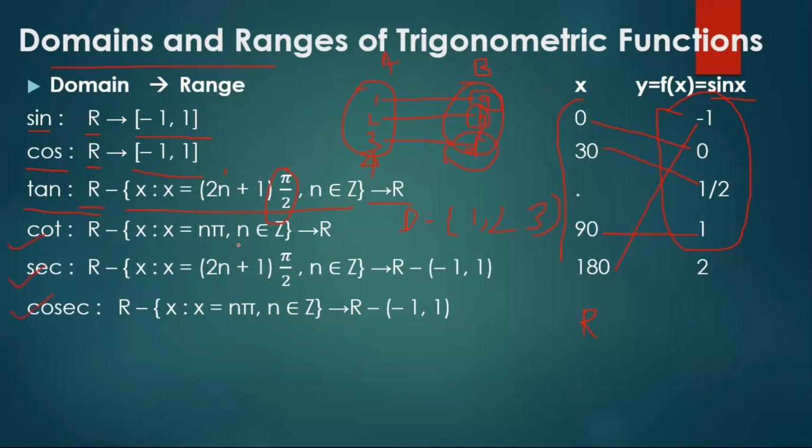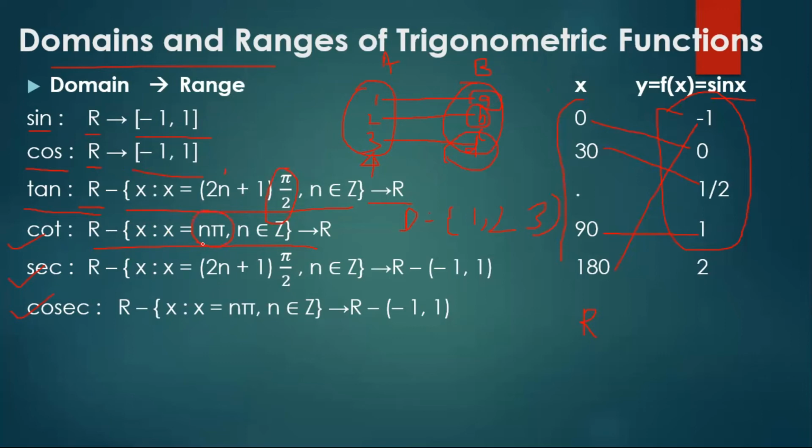In the case of cosec, our domain is what? R minus x equal to n pi, that is multiples of pi. 1 pi, 2 pi, 3 pi. At those points it is undefined. That is, cosec 0 is undefined.